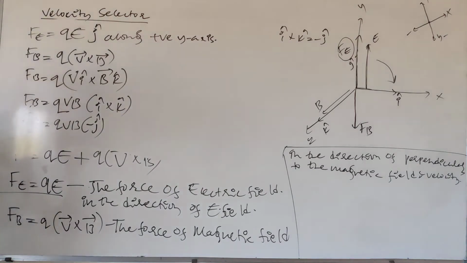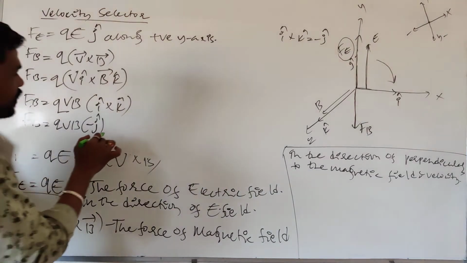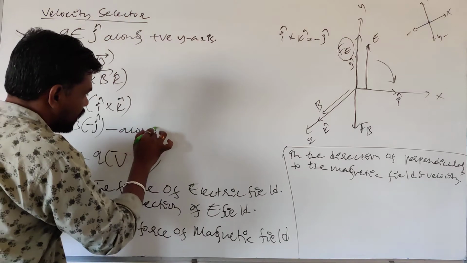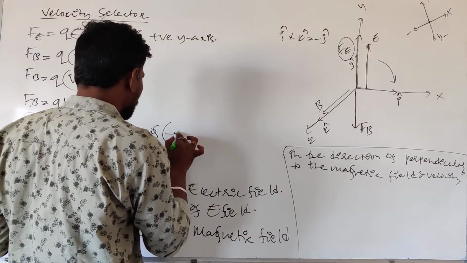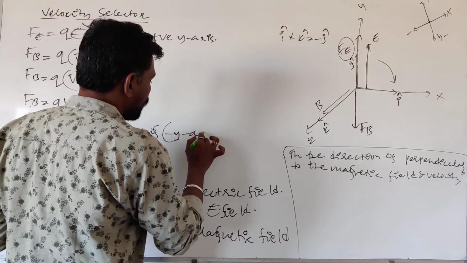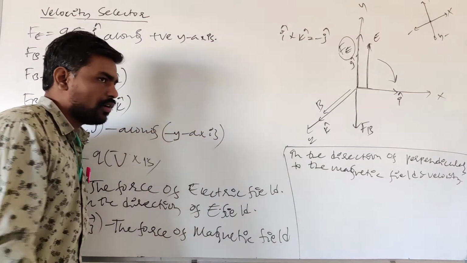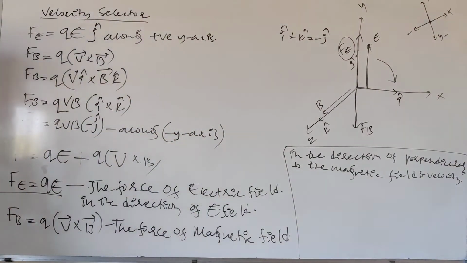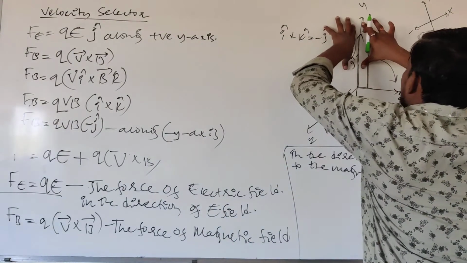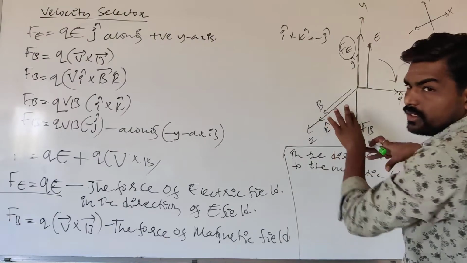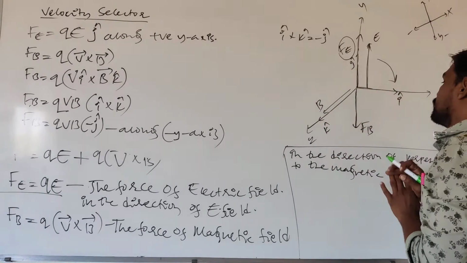You should know this: it is along the negative y-axis. J cap is this direction, minus J cap is the opposite.